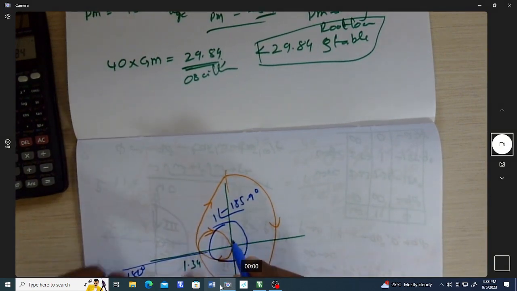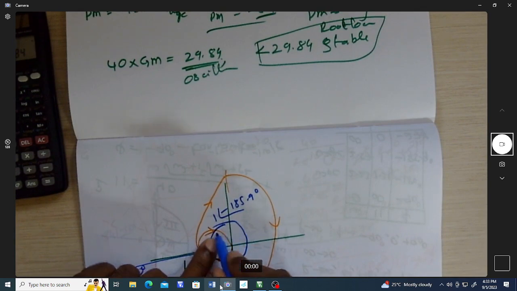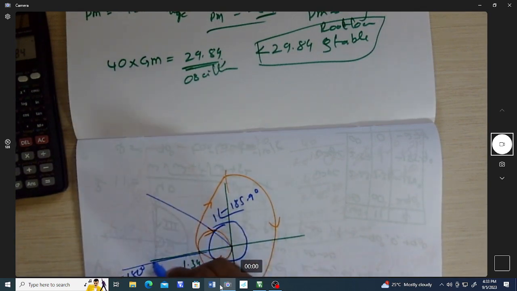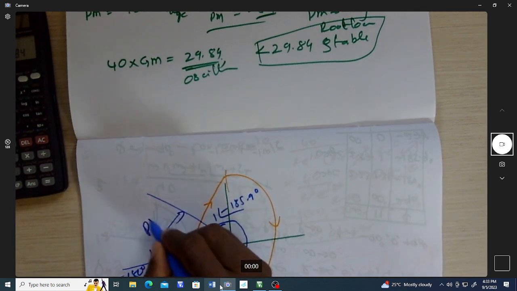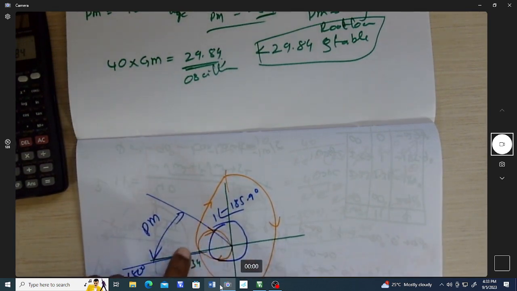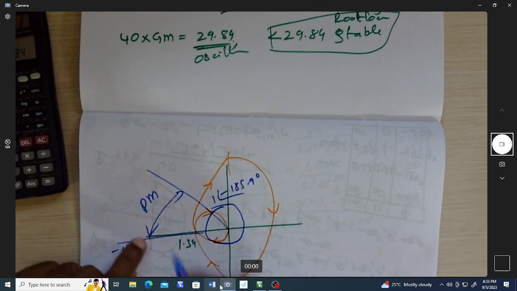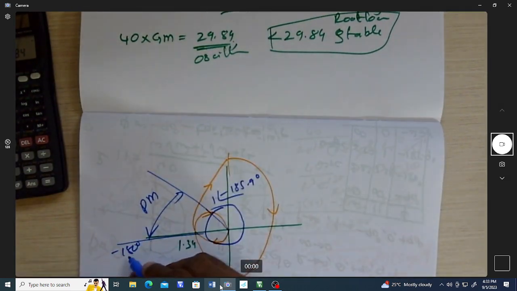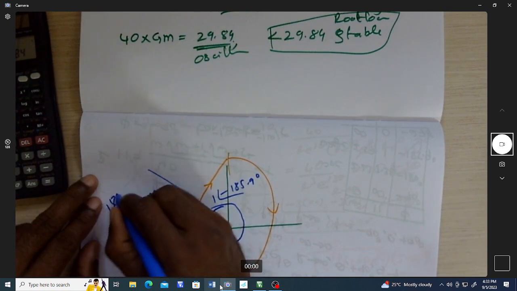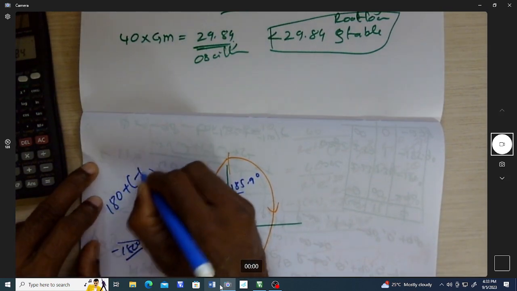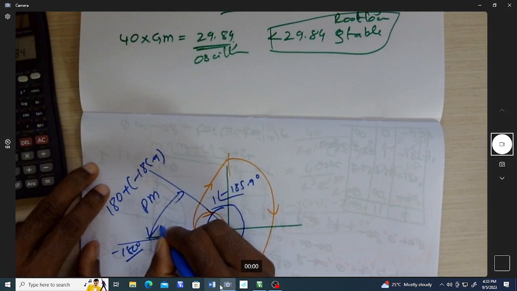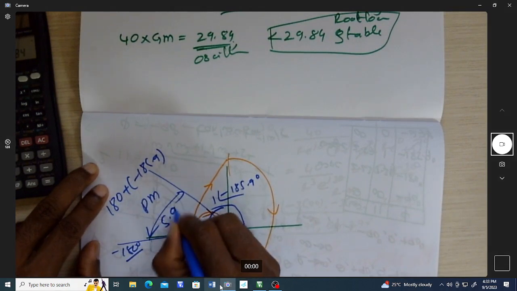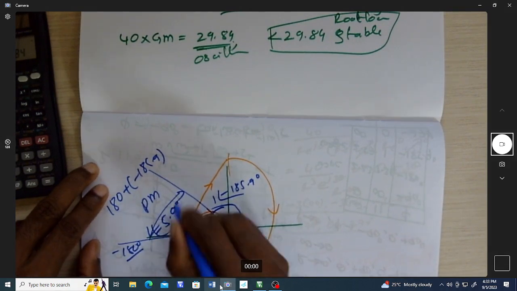This is the intersection of that unity circle with segment 1. Approximately here, this is my phase margin. If the intersection goes above minus 180 degree, then the phase margin is negative. What is the phase margin? 180 degree plus minus 185.9. So this phase margin is 5.9 degree, which is negative.